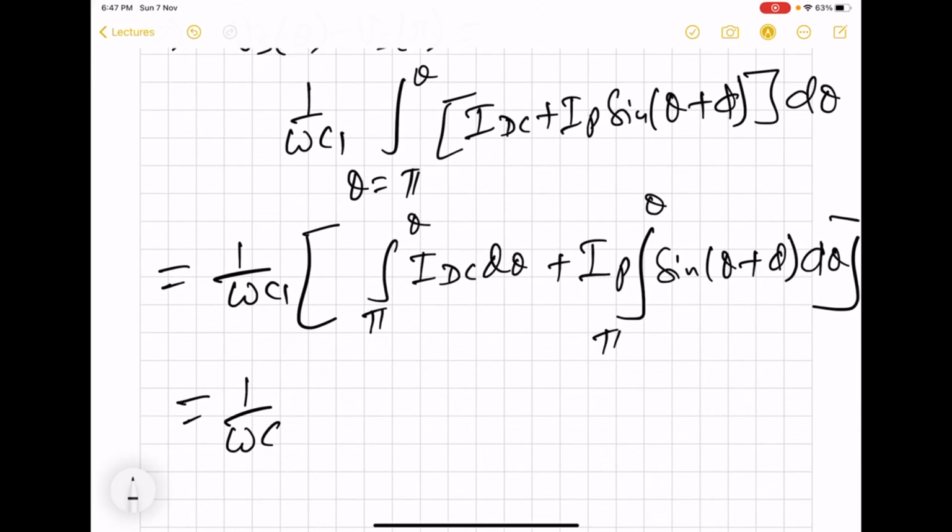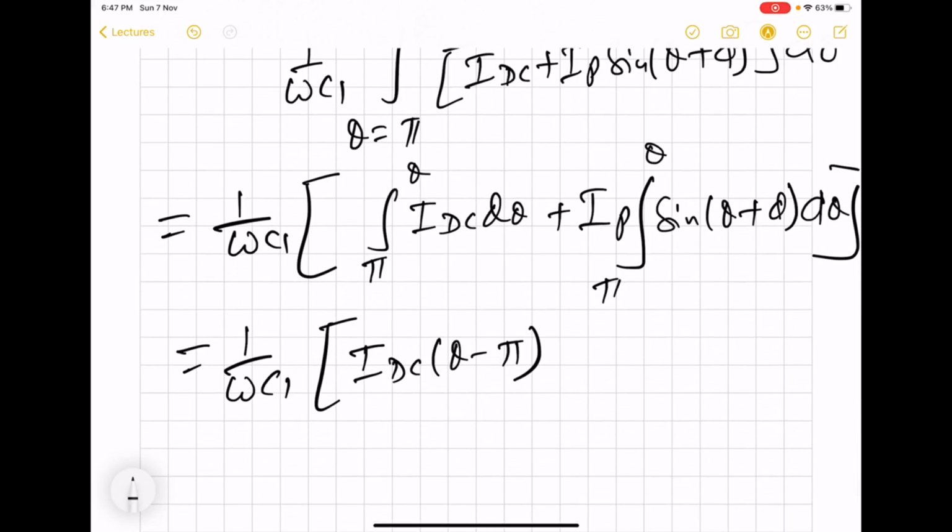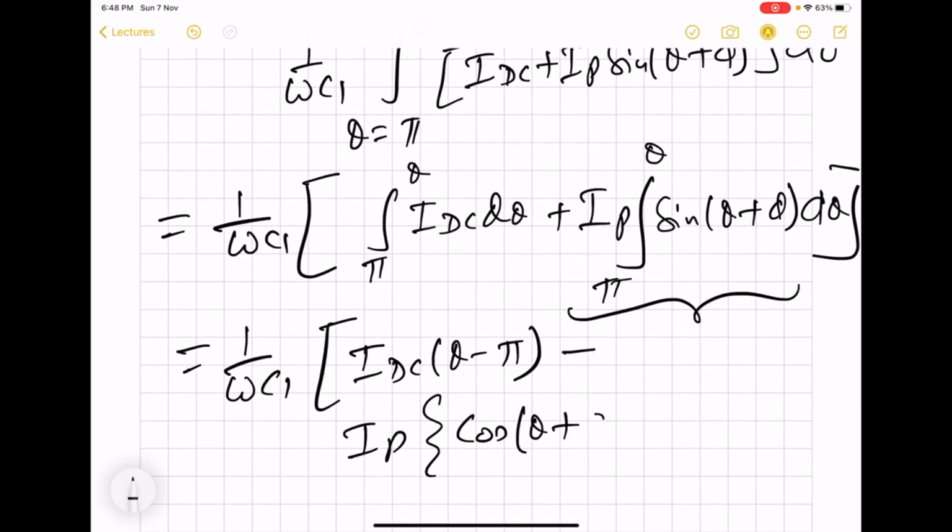So this gives omega C1, and here we get IDC theta minus pi, and when we complete the integration of this second one, minus IP cos theta plus phi plus cos phi. So this is what we will get when we complete the integration.